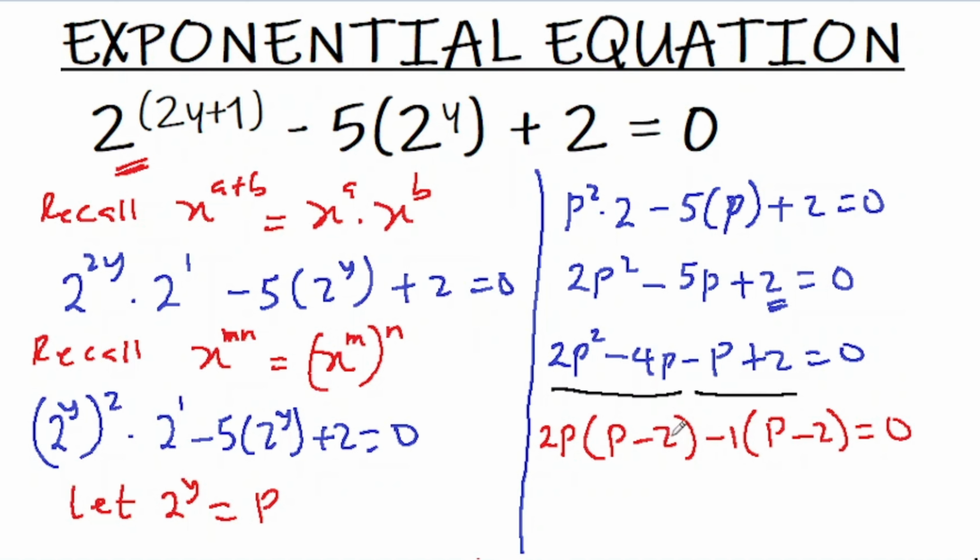Okay, so what do we have here? We have p negative 2 twice, so we're going to write it once. So we have 2p negative 1, and we have p negative 2 is equal to 0.